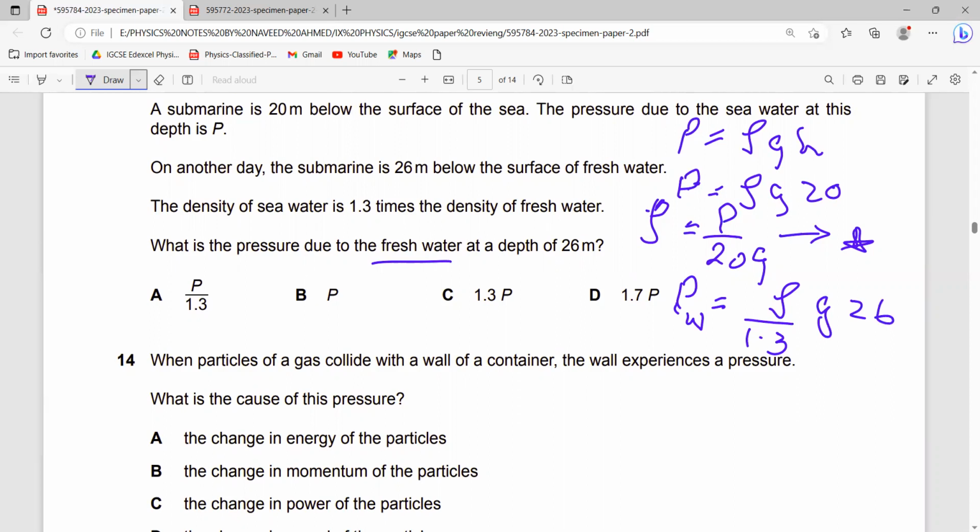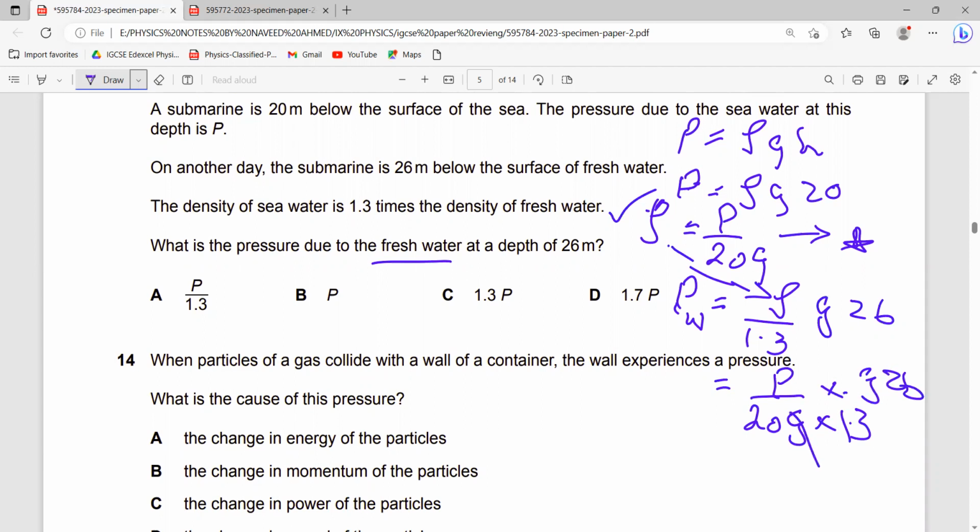Okay. Here we can see density value is P over 20g. So we put this value here. This value will be substituted in this equation. So you will get P over 20g times 1.3 here, g 26.